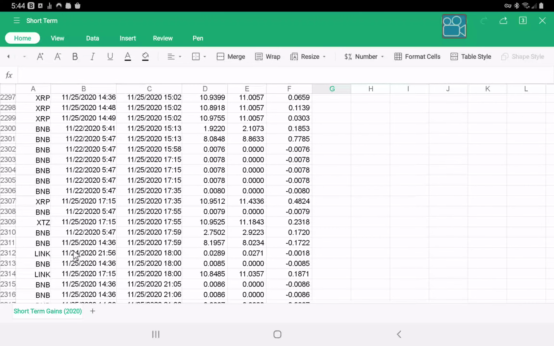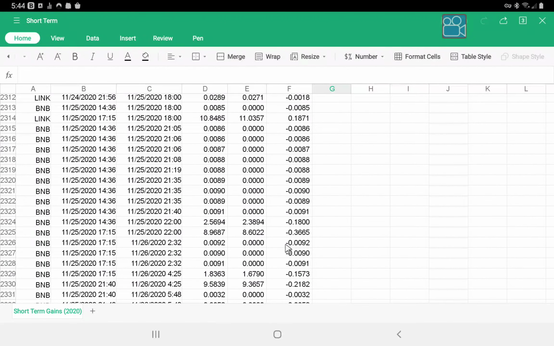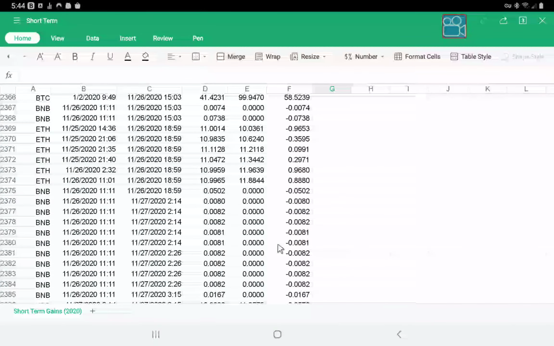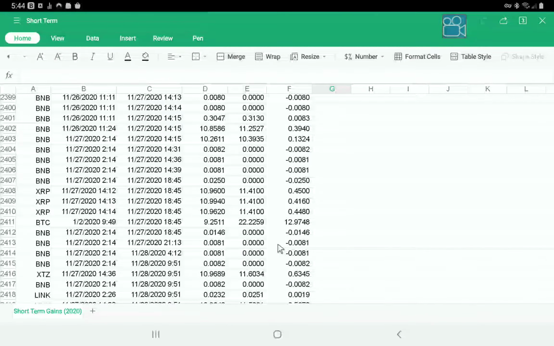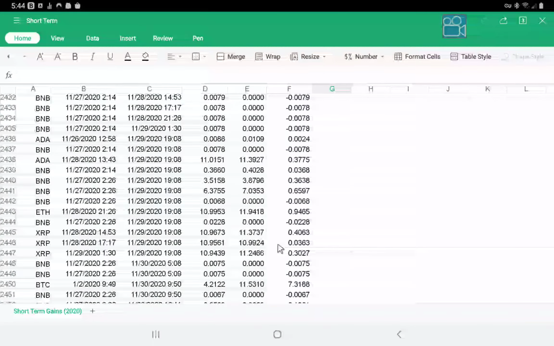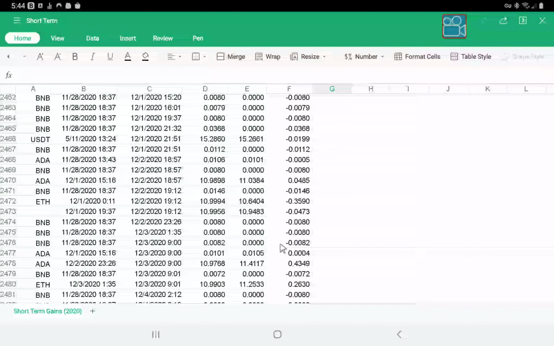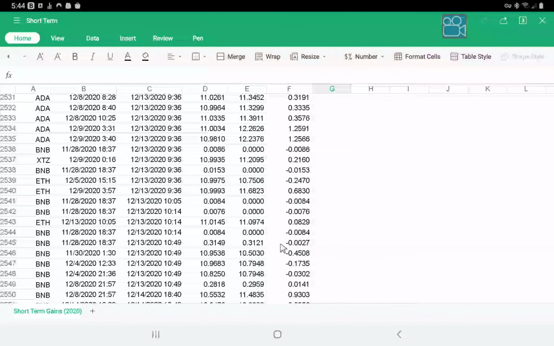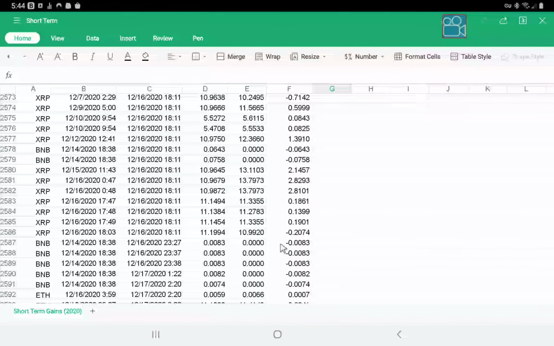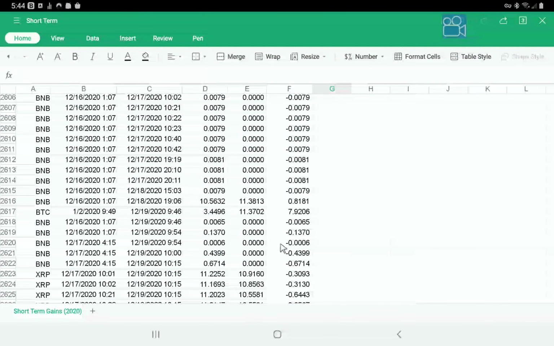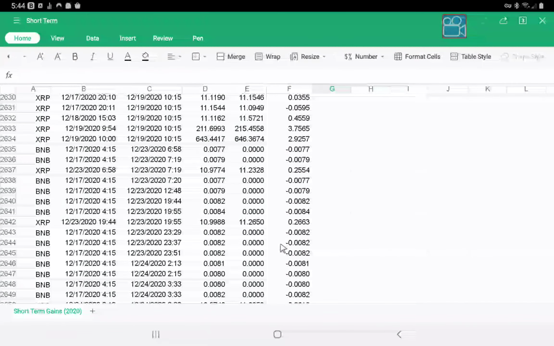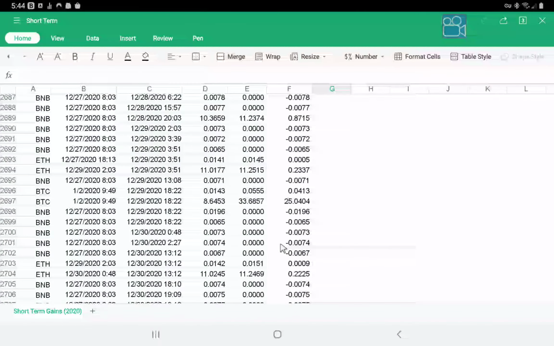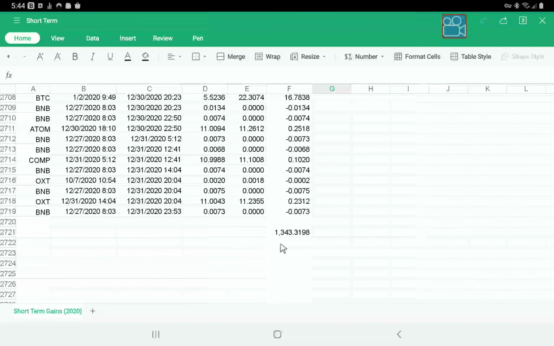Okay, we're finally into November. 2,300 trades later, and we're still going. And we are soon to be getting near the end. And we are at the end.